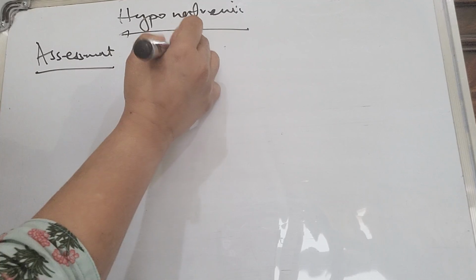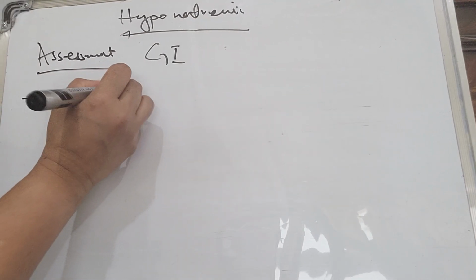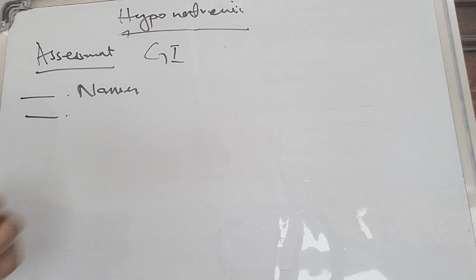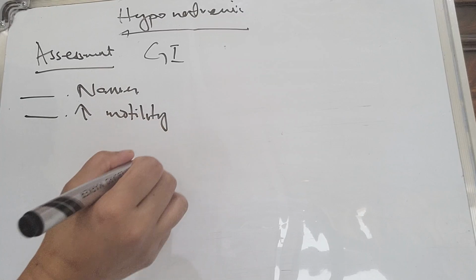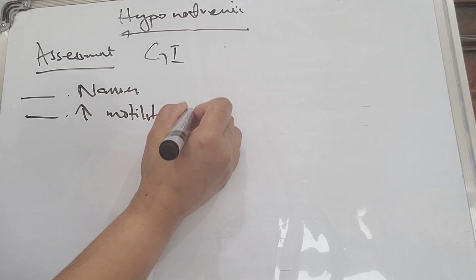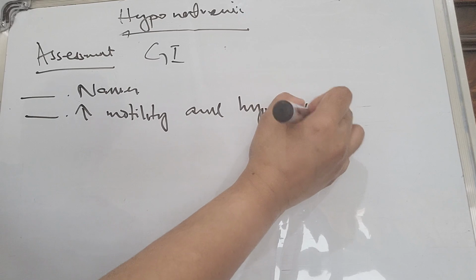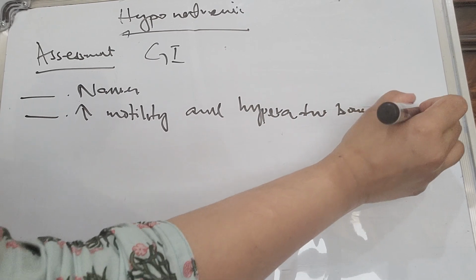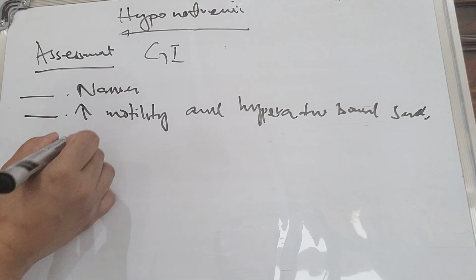Now the GI, gastrointestinal. The patient may have nausea, increased motility, hyperactive bowel sounds, abdominal cramping and diarrhea.